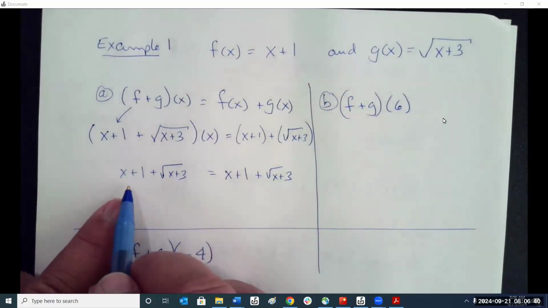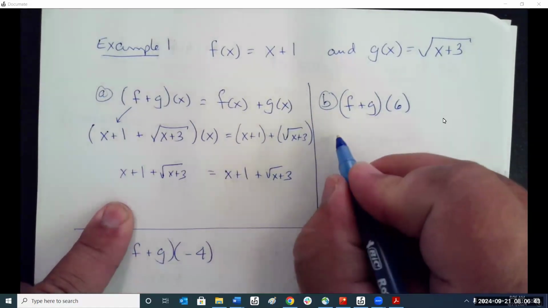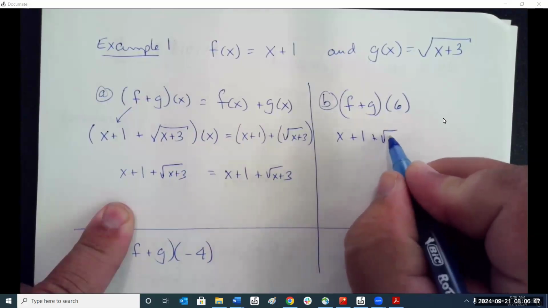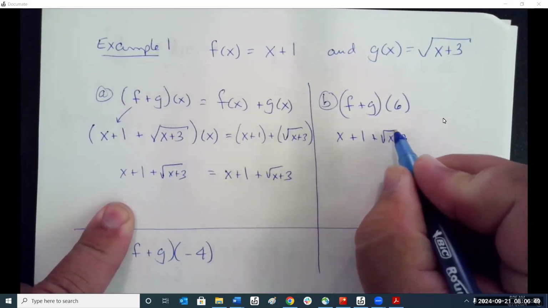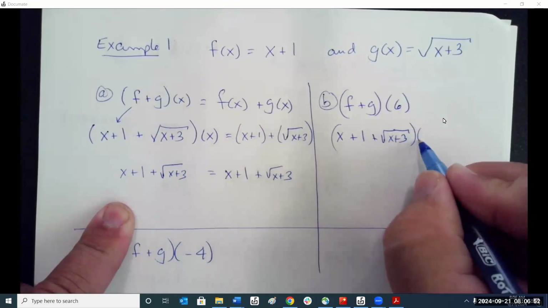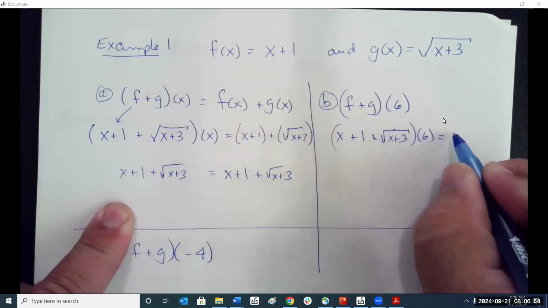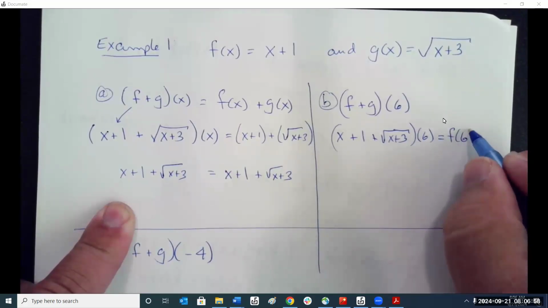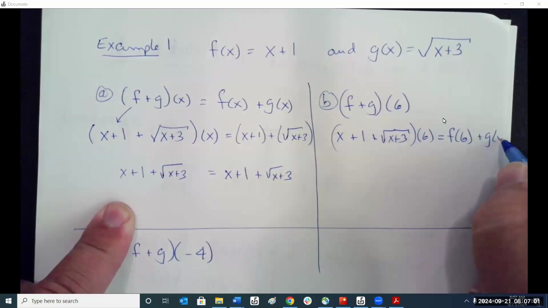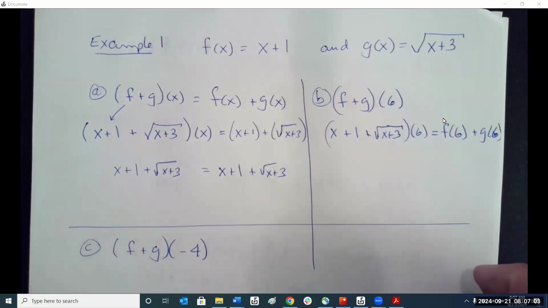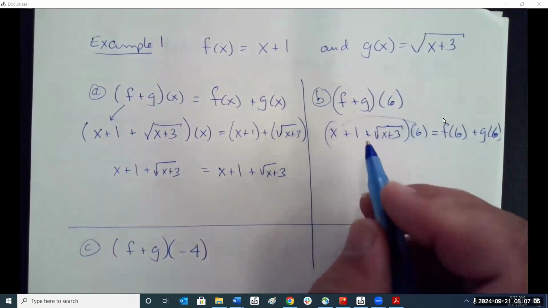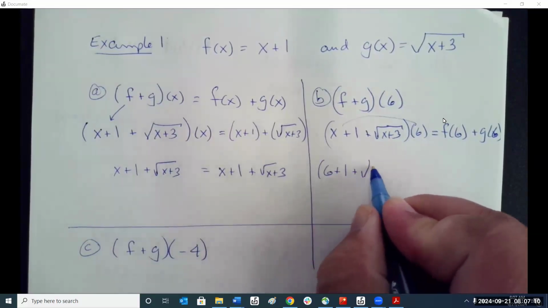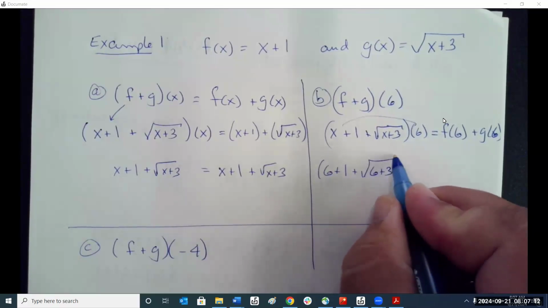They're both equal. So now we can plug in some values. We can either use this side, which says x plus 1 plus the square root of x plus 3 when x equals 6, or we can find f of 6 and then add g of 6 to it. So this one says 6 plus 1 plus the square root of 6 plus 3.